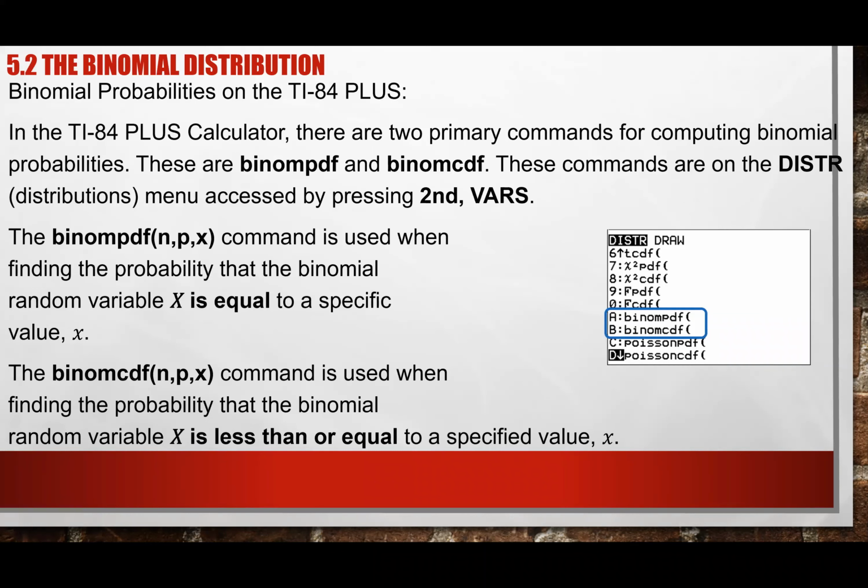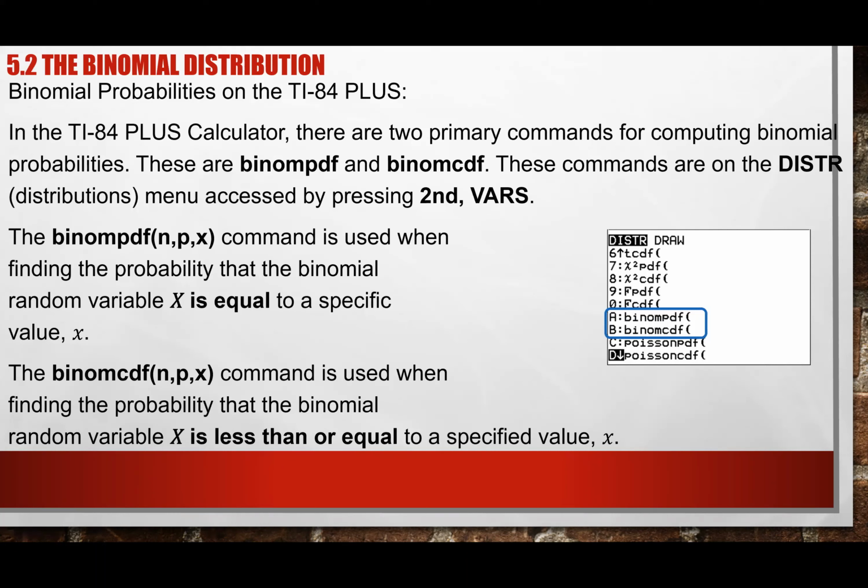If they ask you for a range of items, think of the C as cumulative. If you have multiple points, then we do the binomial CDF. For PDF, X is equal to exactly one specific number. The CDF is when X is less than or equal to that specific value.